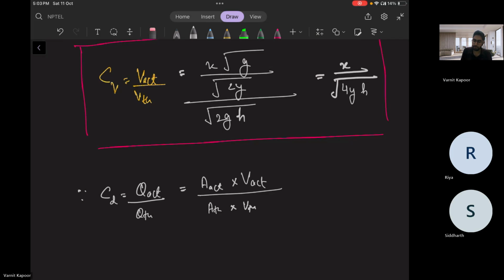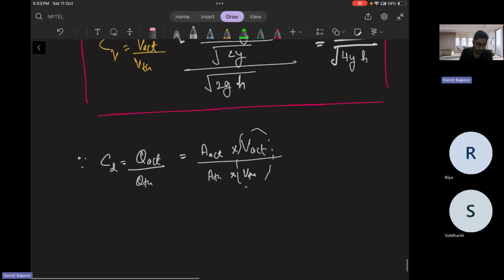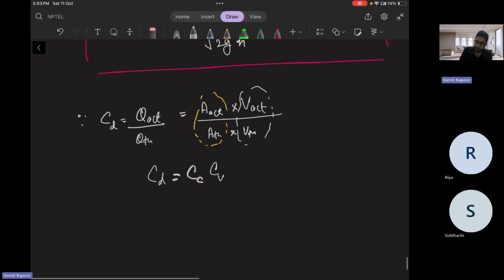You know that V actual by V theoretical is CV, and area actual by area theoretical is the coefficient of contraction. So CD is equal to CC into CV. Okay. Clear? Any doubts?